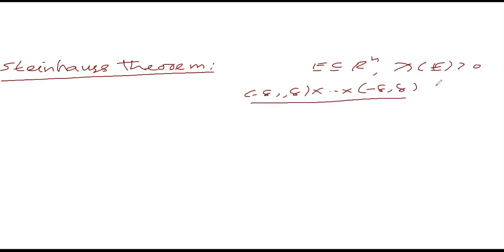This interval is a subset of E minus E, that's the algebraic difference of set E. So it states that if E is a subset of Rn and its Lebesgue measure is positive, then I can find delta such that this bounded open interval of Rn is a subset of E minus E, even if it is also a subset of Rn because E is a subset of Rn.